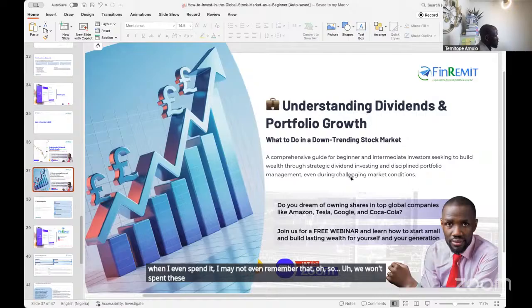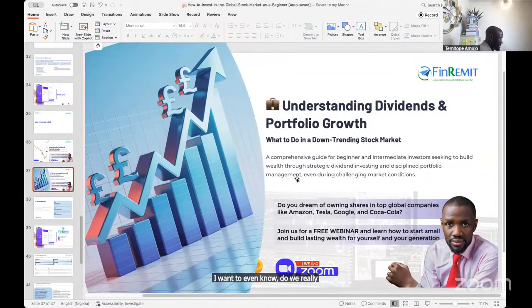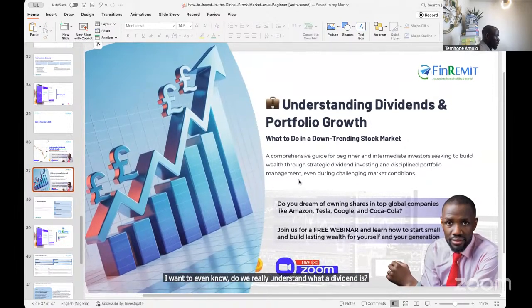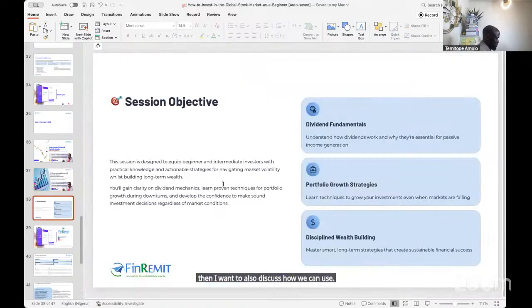So what do you do with your dividends? Are you supposed to spend them immediately? I want to even know, do we really understand what a dividend is? Then I want to also discuss how we can use our dividends to grow our portfolio. And that is exactly what I did on my other trading platform, my shares and stock trading platform, whereby I ask them to keep reinvesting my shares into my ISA account.